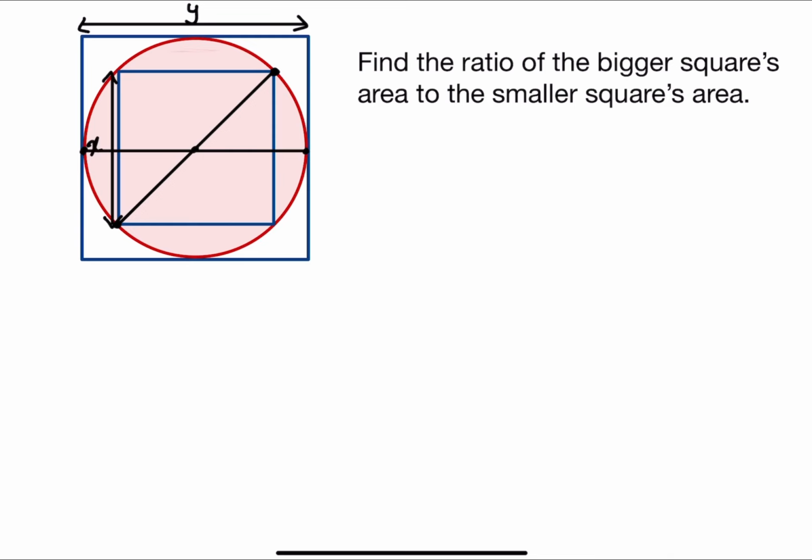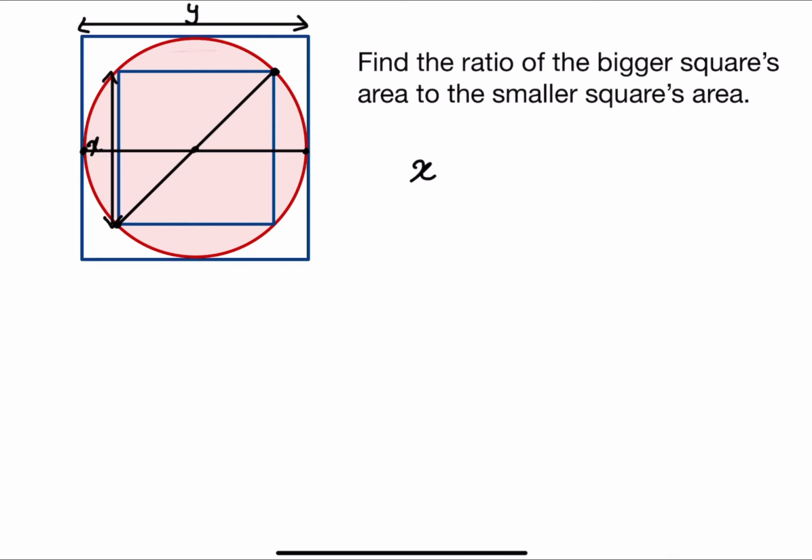That may seem like a lot to process, so before we dig deeper, let's solve a couple of other things first. Over here we have x, the side length of the smaller square.